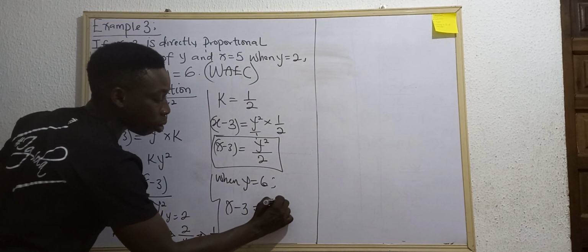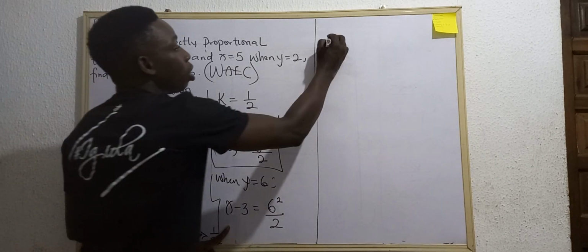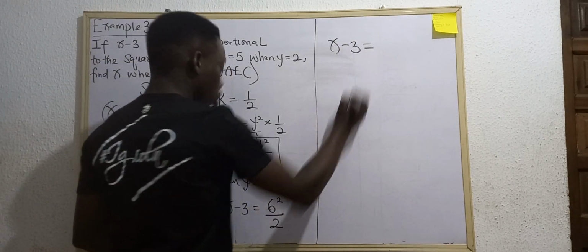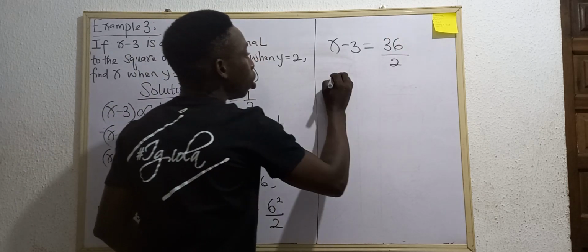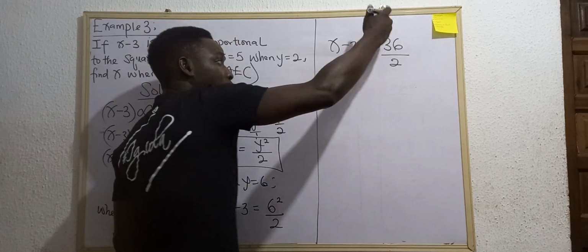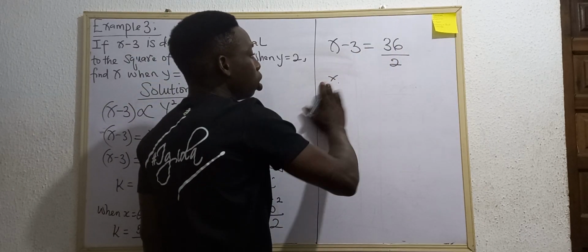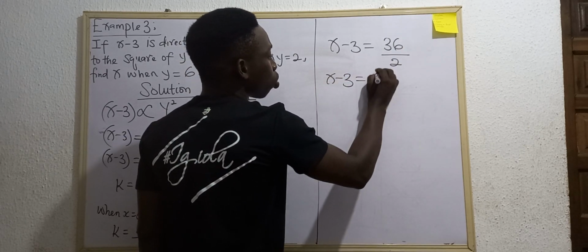That's 6 raised to power 2 over 2. So x minus 3 equals 6 raised to power 2, which is 36, over 2. 36 divided by 2 gives us 18. So x minus 3 equals 18.